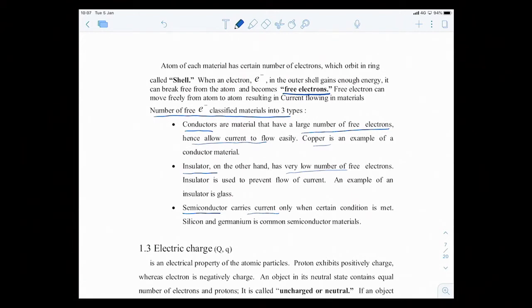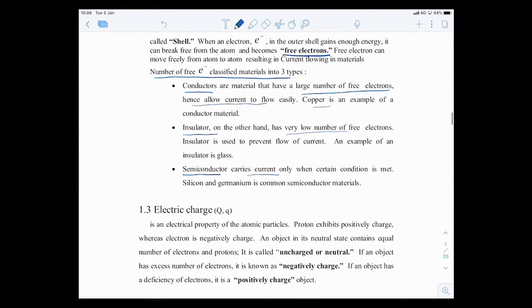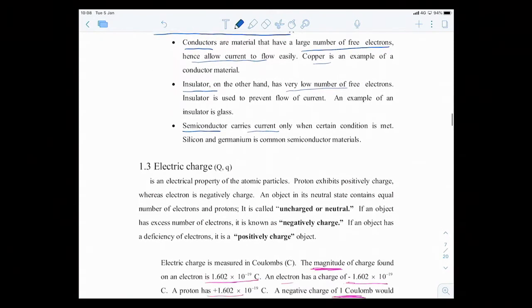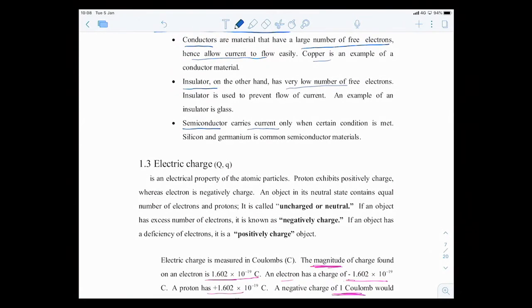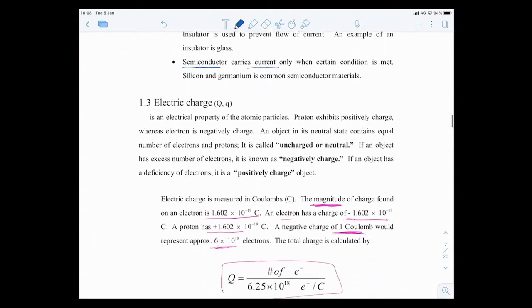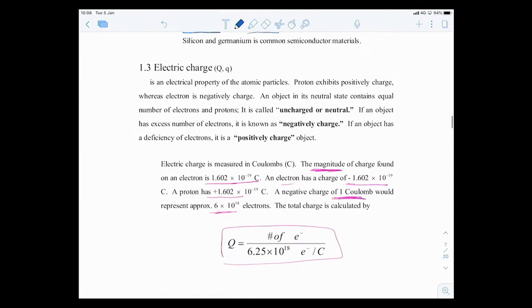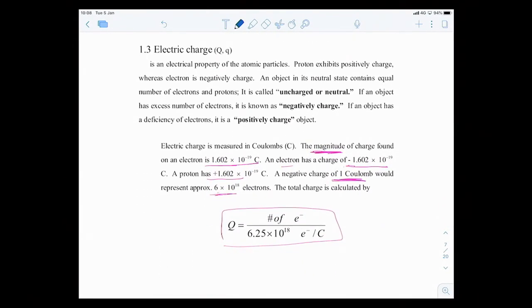Next, let's do some definitions of basic terms in the electrical engineering field. The first one is electric charge, Q. Electric charge is just an electrical property of atomic particles.